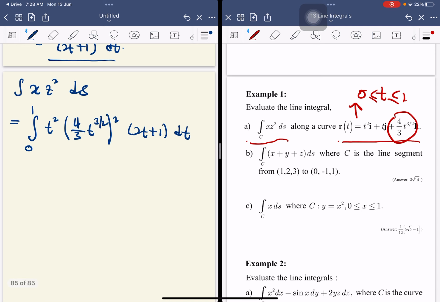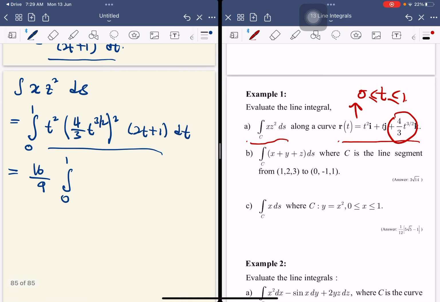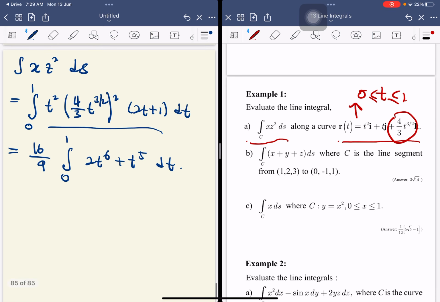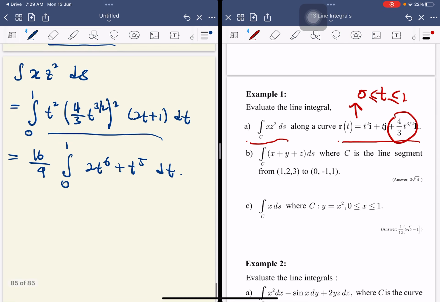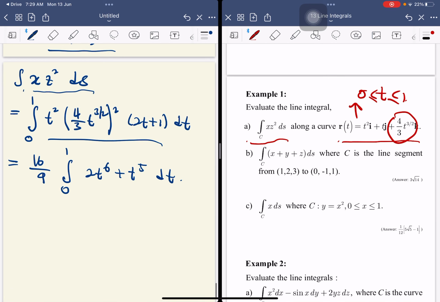If you simplify this part, you're going to get 16 over 9, integral from 0 up to 1, of 2t to the power of 6 plus t to the power of 5 dt. So if you take a look at this one, it is going to be a normal integral that has been simplified, that has been transformed.